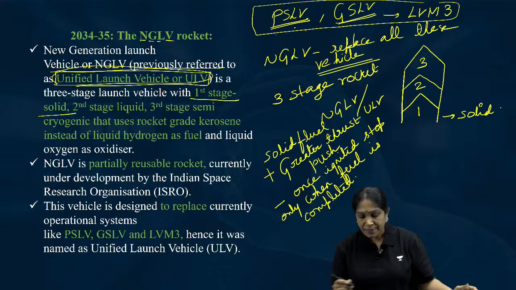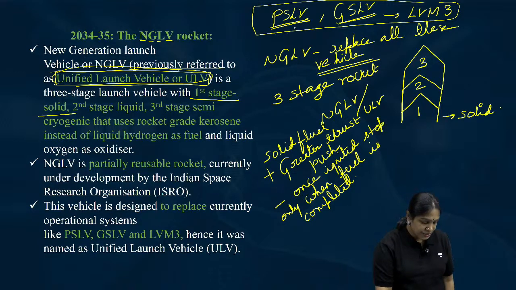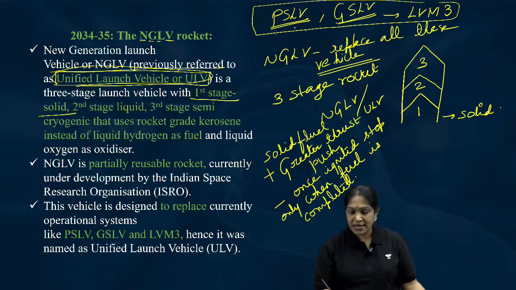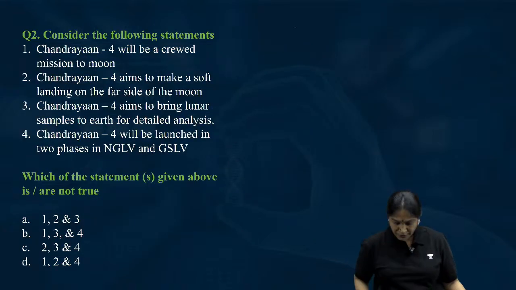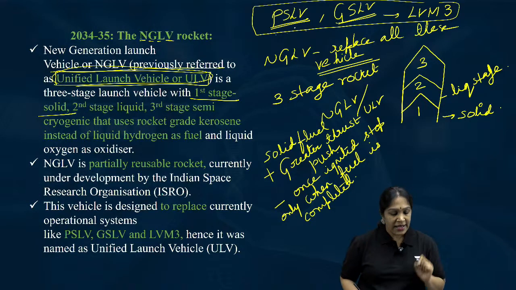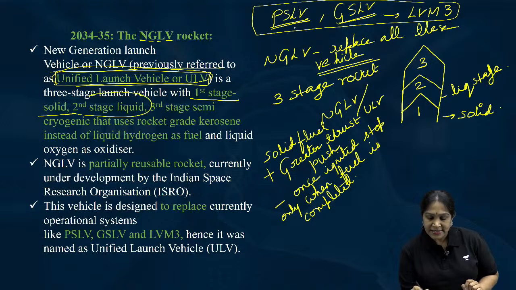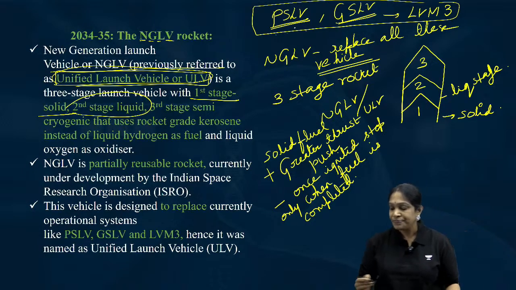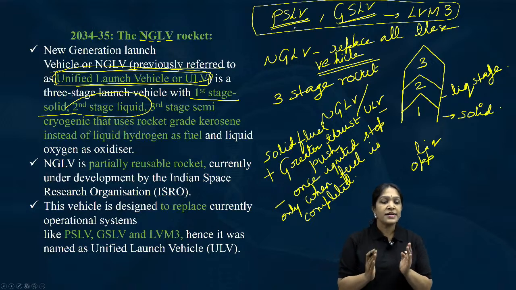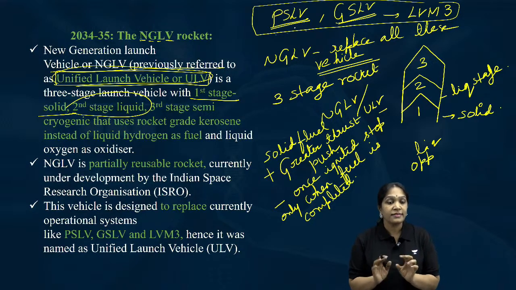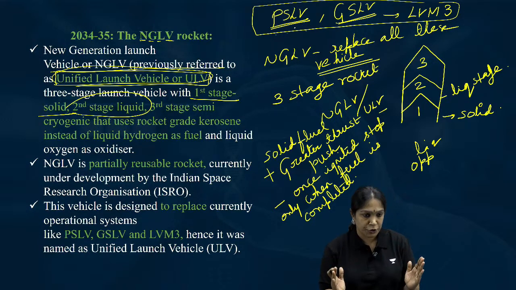Okay. Now coming to the second stage. The second stage is the liquid stage. It will use liquid fuel. With the liquid stage, it is exactly opposite. I mean, the liquid stage cannot give greater thrust or greater push.